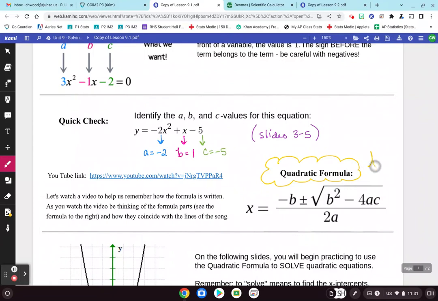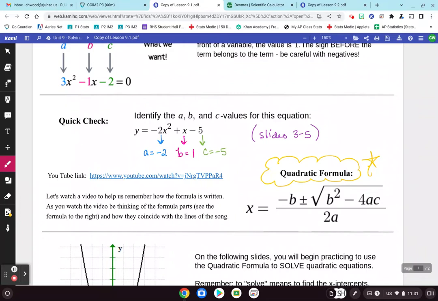And there are so many ways to be able to learn the formula and remember it. We're not going to make you memorize it, but it's helpful to try to remember it if you can, if you don't want to look it up all the time. In the Desmos activity, there was a video there for Pop Goes the Weasel, and there was a story to help you remember it.